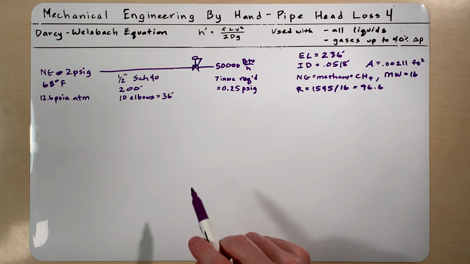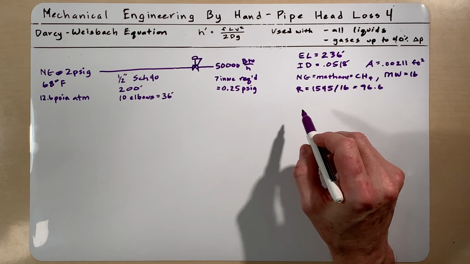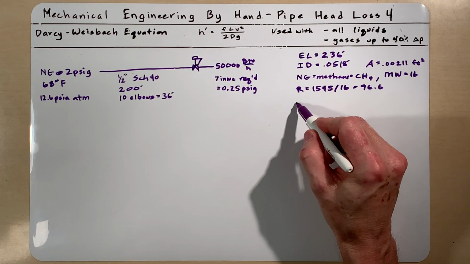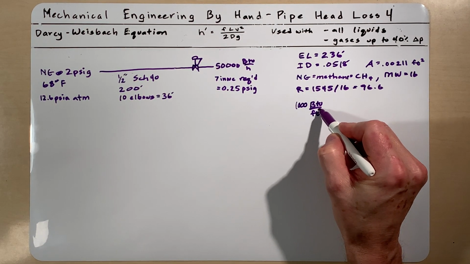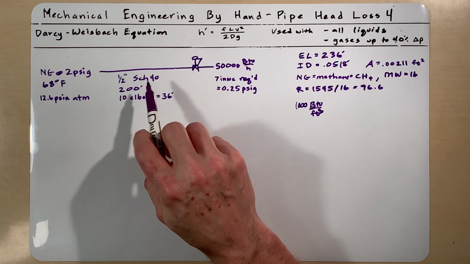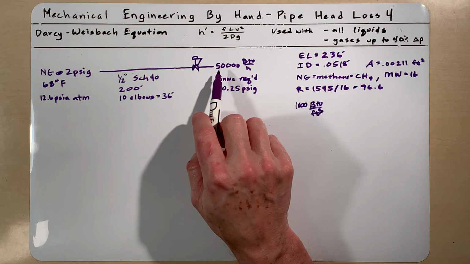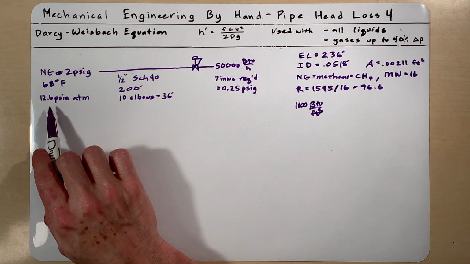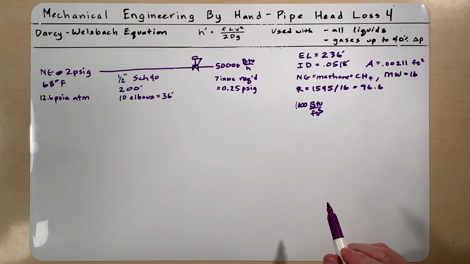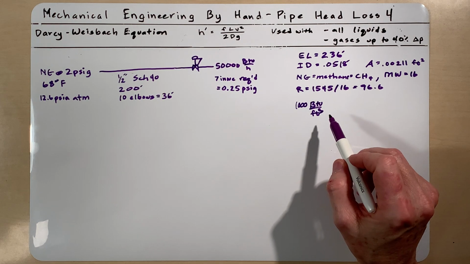So the first thing we need to look at is natural gas at this elevation. Natural gas typically has 1,000 BTUs per cubic foot at sea level. But when this gas is discharged from the pipe and into the burner in this equipment, it's going to go to this atmospheric pressure of 12.6 psia. So you need to derate the lower heating value of this natural gas based on that lower pressure.